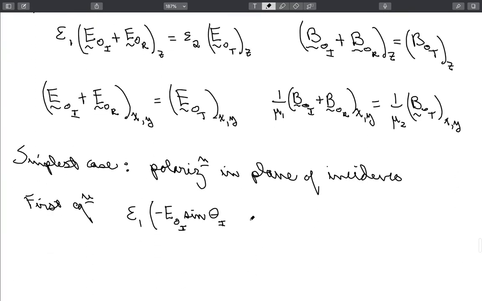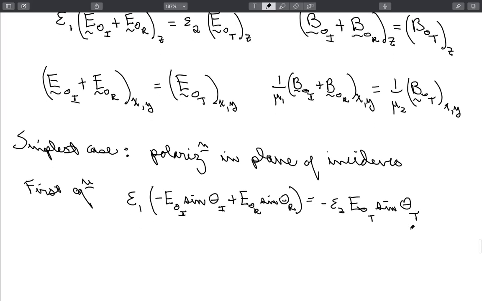Plus then E0r sine theta r. I'm not substituting yet that theta i is theta r. I'm just writing the boundary condition as is. This is minus epsilon 2 E0 transmitted, again with the sine of theta t.